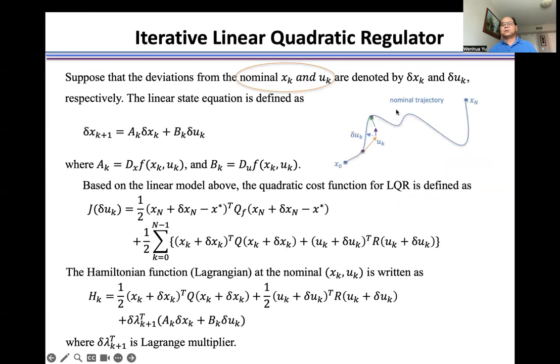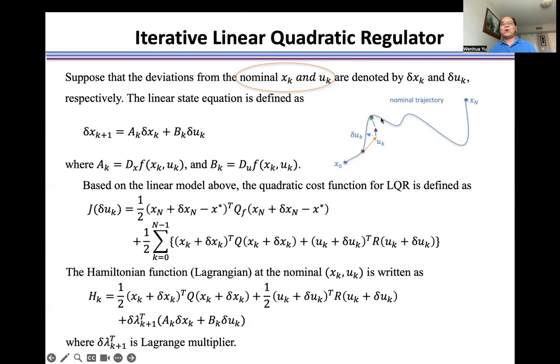The trajectory generated by the linear quadratic regulator is called the nominal trajectory. That means we base our work on this nominal trajectory and improve the control step by step.